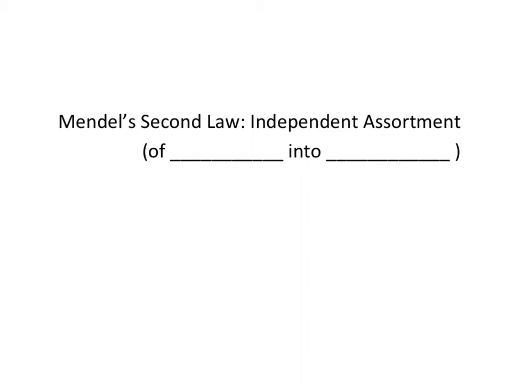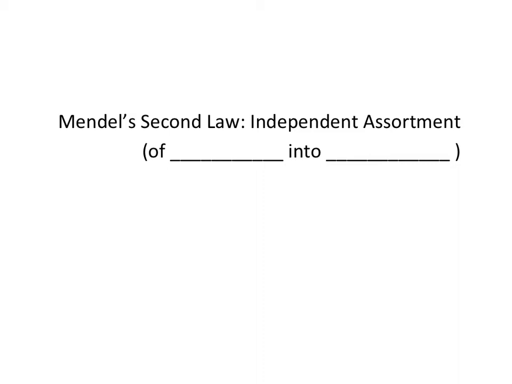Let's have 4 of each different one. We have 4 times 4. So this is why you have to have a Punnett square that's 4 by 4, because every column and every row is what's in one gamete. And if you're talking about 2 genes and 2 alleles, that means there are 4 different types of gametes produced by a parent. So the Punnett square necessarily has to get bigger to accommodate this change.